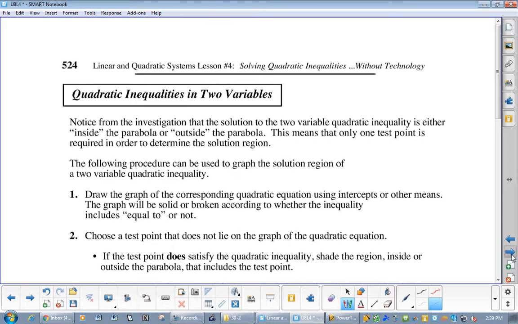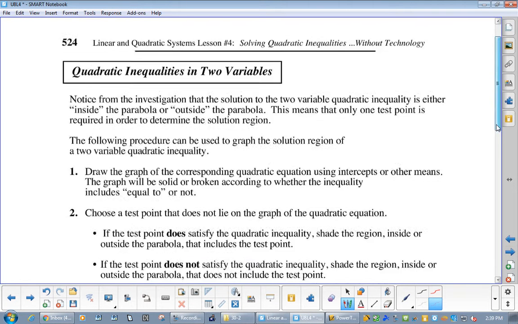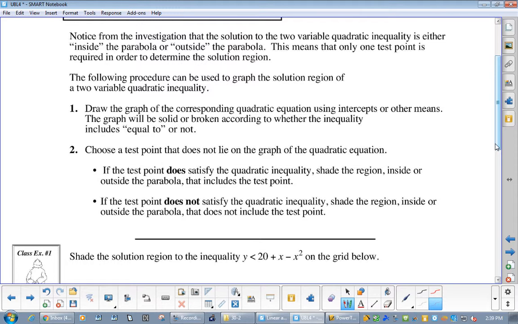Now, the things to know: if the test point does satisfy the inequality, shade that region. Often I shade the region and then test it, but it doesn't matter. Just make sure if you're greater than or greater than or equal, you're shading above. If this was the graph, I would shade like this, right?